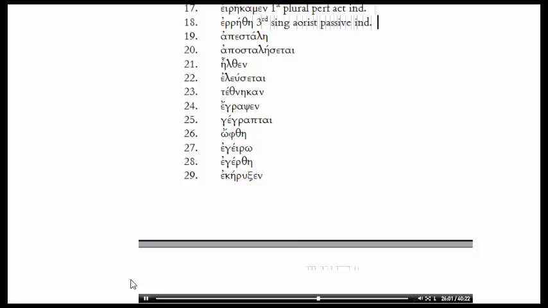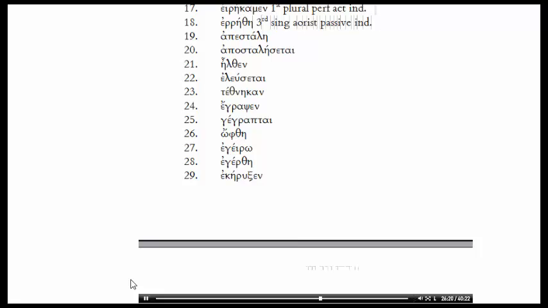Meaning what? It was said. It has been said, something like that. Again, you would not know that if you didn't know your principal parts well. That's the only hope you have to get that one right.